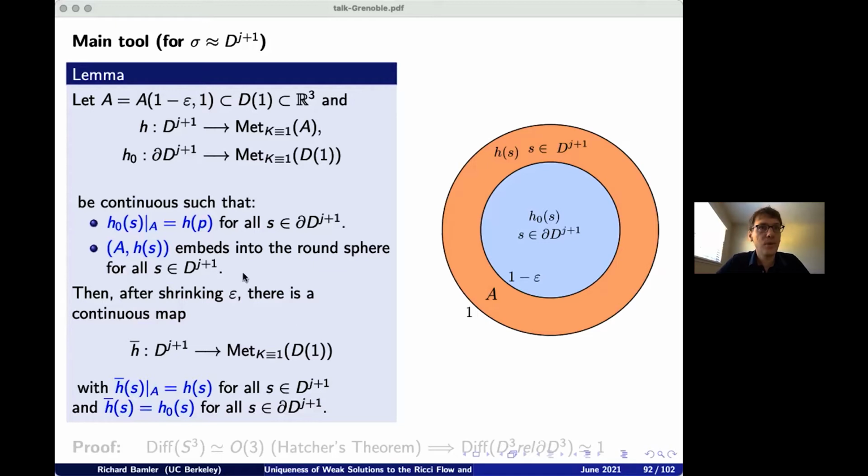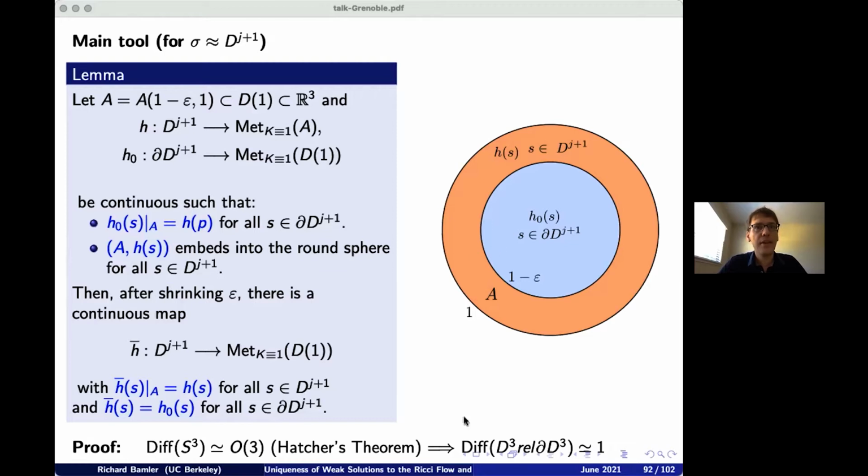How do we prove a lemma like this? It's well known that, by a more or less abstract nonsense argument, this lemma is equivalent to the Smale conjecture. The Smale conjecture says something about the diffeomorphism group of S3, but this can be reduced to saying something about the diffeomorphism group of the 3 disk relative to its boundary.